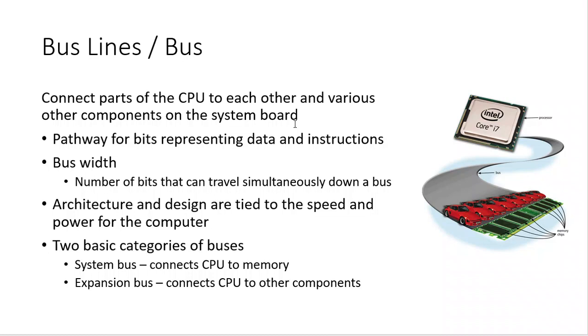Kita ada system bus which connect CPU to memory. Okay, then expansion bus connect CPU to other components. So bus ataupun penghubung di antara CPU ke memori komputer tu kita panggil system bus. Ni yang main lah. Dan yang expansionnya adalah from CPU to other components.